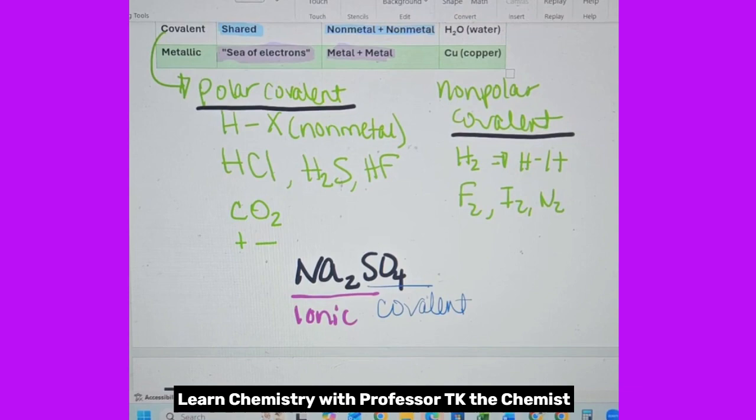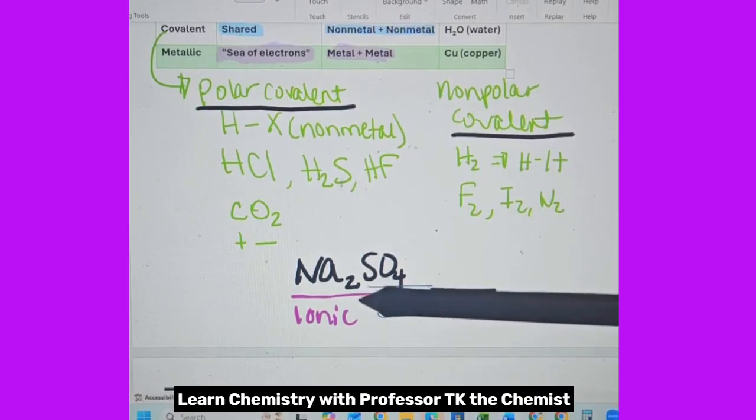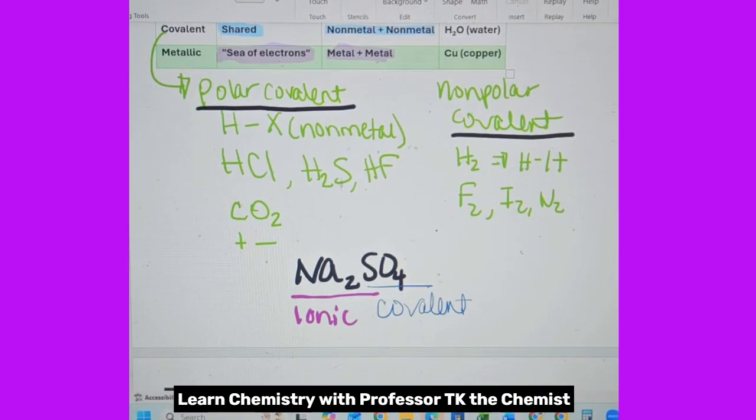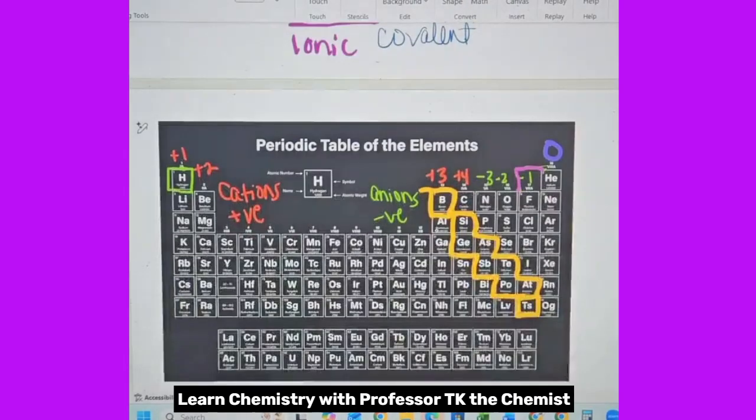And I know that sounds crazy, but you can have a dual type process in this particular instance, okay? Half of the compound is ionic, and the other half is covalent. Now, it's almost like you want to say majority rules, but what's going to happen here is you have sodium, which is a metal, combined with other nonmetal elements. So that's why it's kind of like a dual process. Yes, very good question.